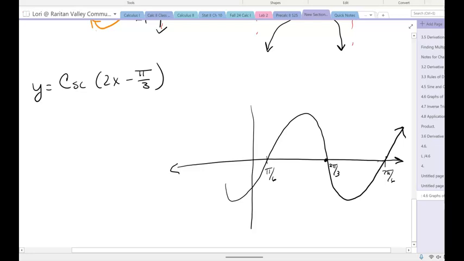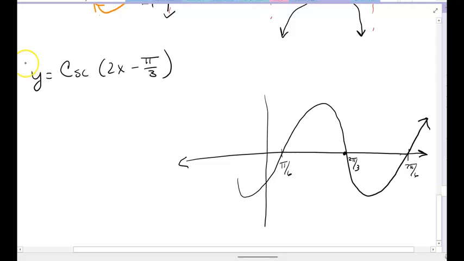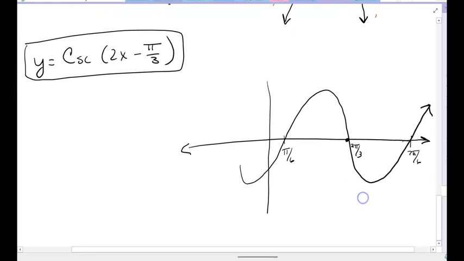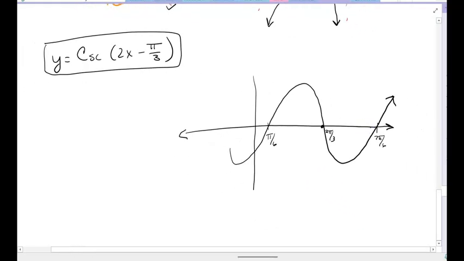You are given the actual function I want you to graph. And then you'll see a picture of a function. That picture is just to guide and help you. That is not the picture I want you to do anything with, but you can use it as a guide and you can sketch the function over top of it.